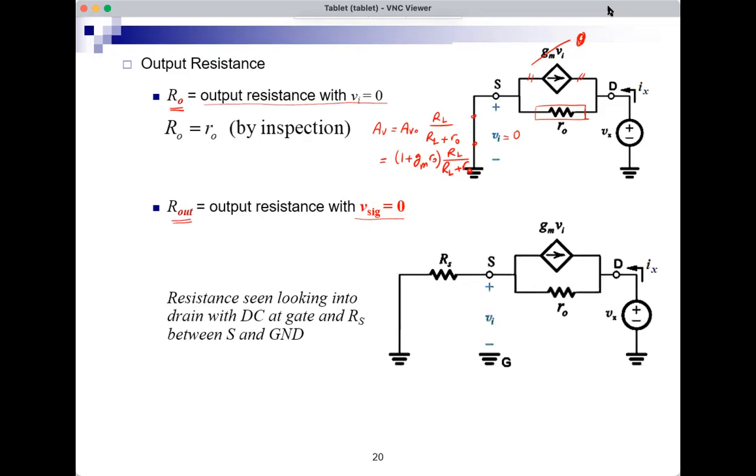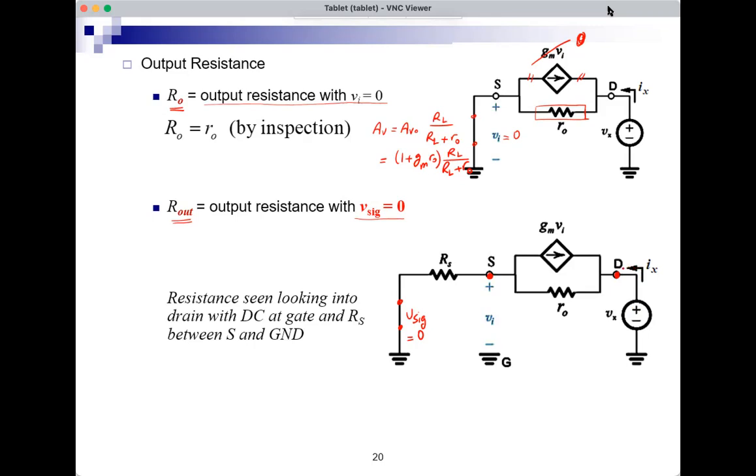So in the case of the common gate, if I want to find Rout, I set Vsig equal to 0, not Vi. So now I have Rs. This is the input. And this is the output. Disconnect the load, connect a test source, and find the resistance seen by the test source, which is Vx over Ix.